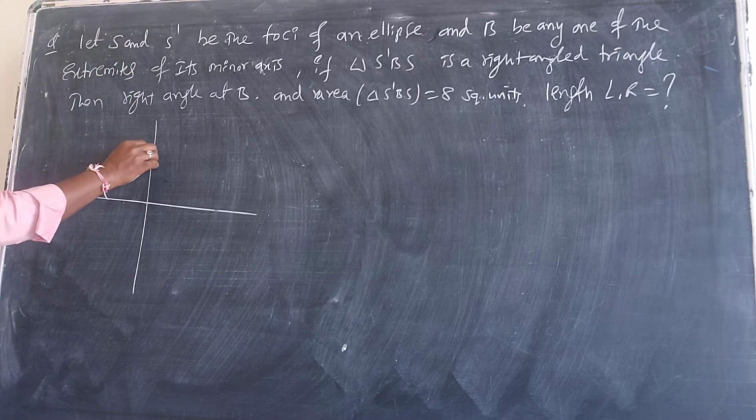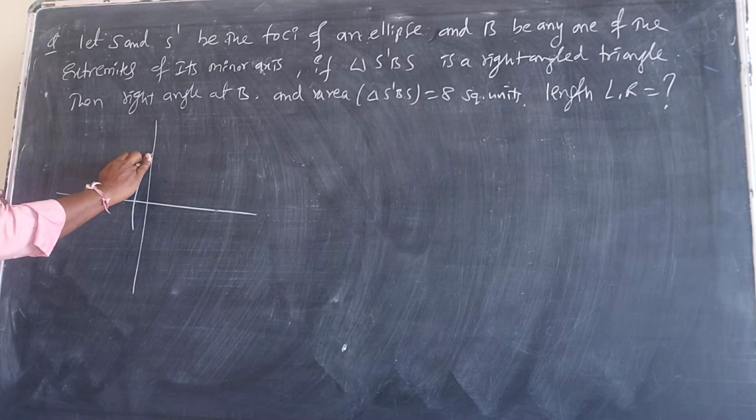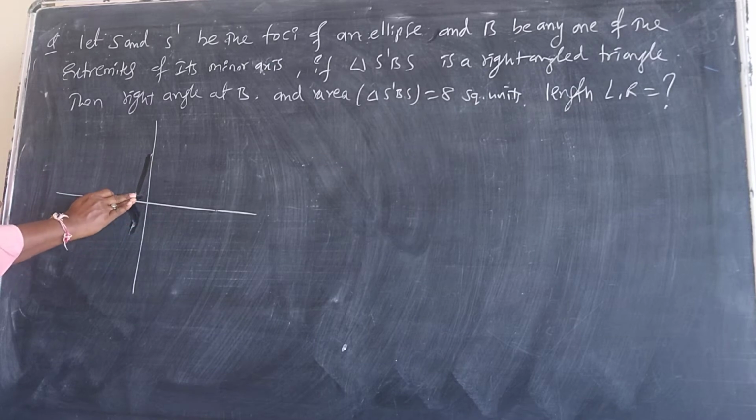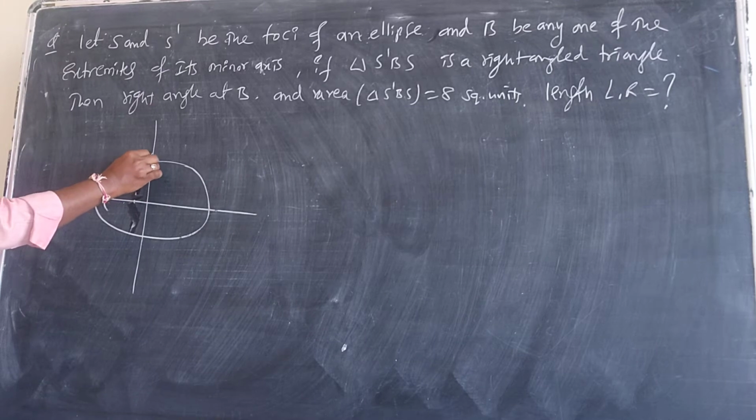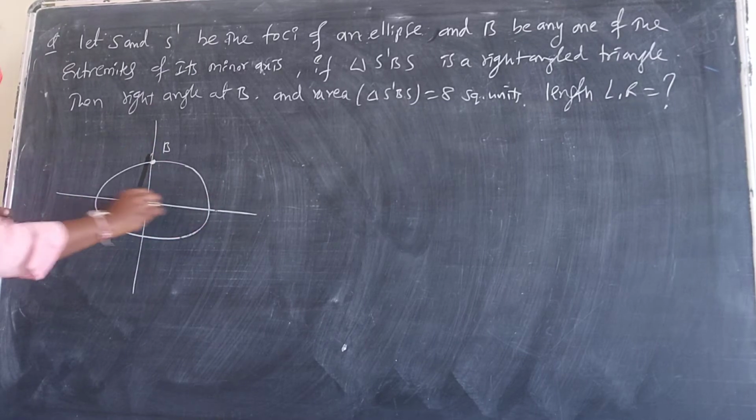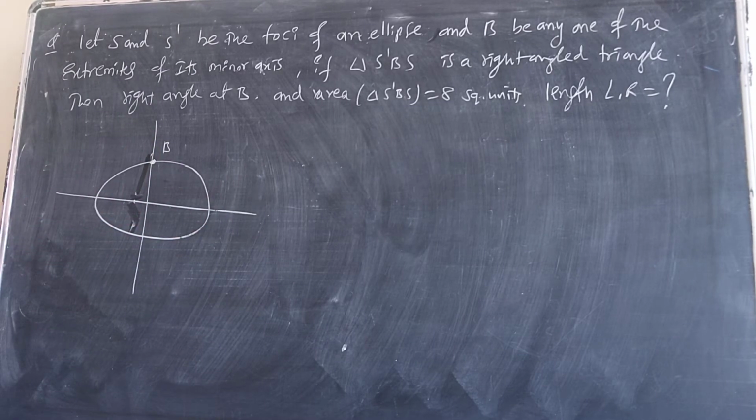B on the minor axis means it is a horizontal ellipse. Only in a horizontal ellipse, B will be the minor axis and A will be the major axis. So it is a horizontal ellipse, not a vertical ellipse. That is a clear picture.